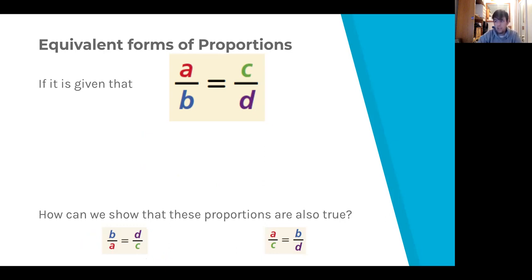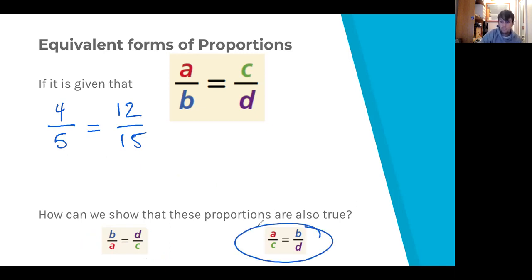Let's pick another random equivalent ratio. Let's make something up like 4 fifths is equal to, let's multiply these by 3, 12 fifteenths. They're equal. This simplifies to 4 fifths. Divide by 3, get that, right? So we have an equal relationship here. Let's examine this one. Hopefully you notice we're essentially switching places here. Instead of A over B, it's A over C. And instead of C over D, it becomes B over D. So the B and the C are just switching.